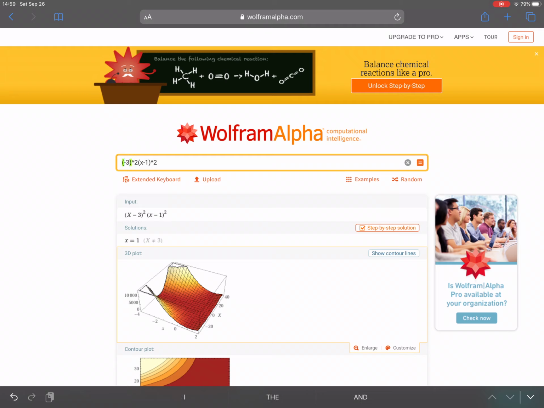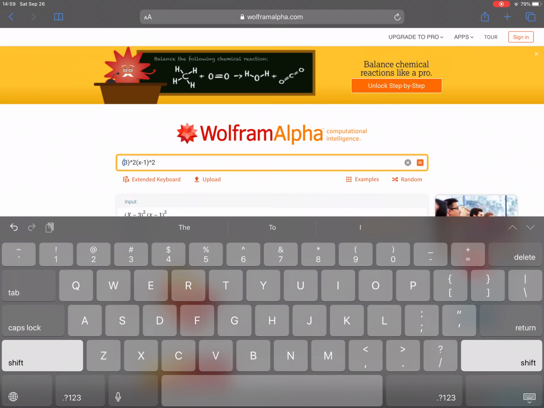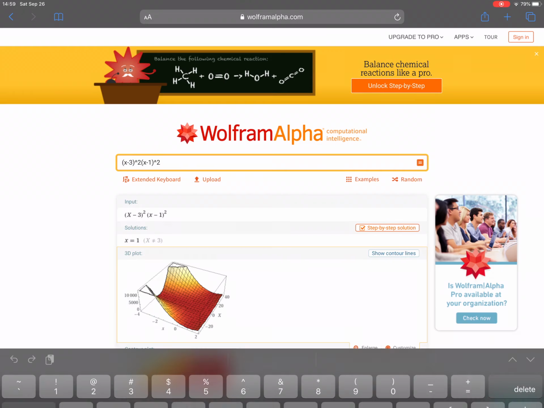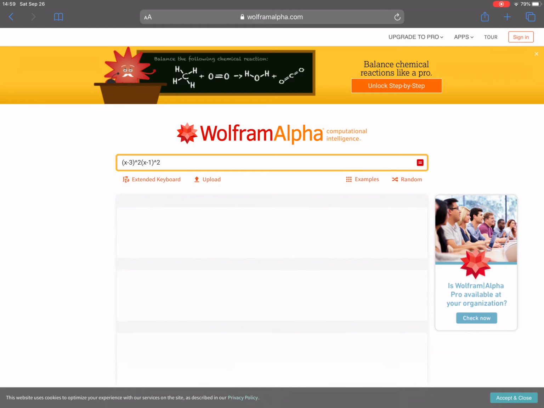No, I don't want a cap. I don't know why the iPad sometimes does these weird things, as if it should do things in caps. There's a parenthesis, so why would there be a cap? Okay, so now I got it.